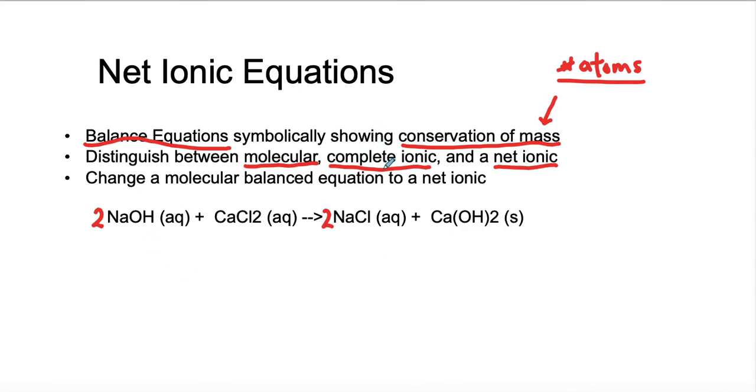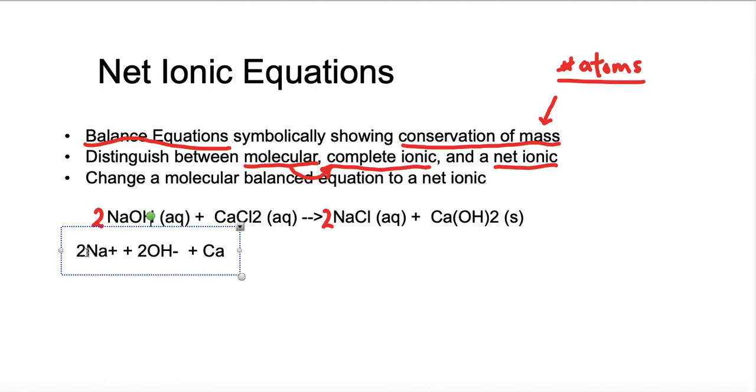If you remember then, going from a molecular to a complete ionic equation, I have to break up the ions. So let me do that with a typewriter. Anything that's aqueous, that's an ionic compound, breaks up. You keep the coefficient. So we have our sodium plus breaks up with our hydroxide minus. I'm not going to put the word aqueous in there.